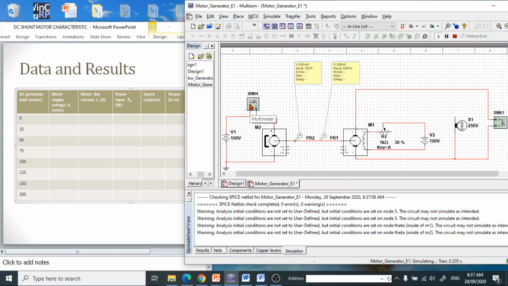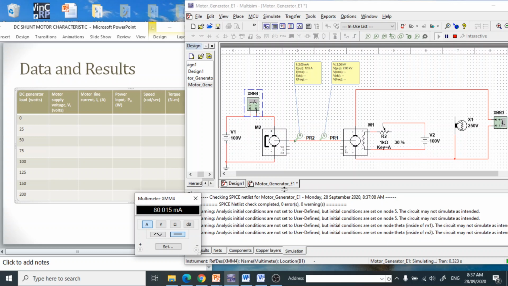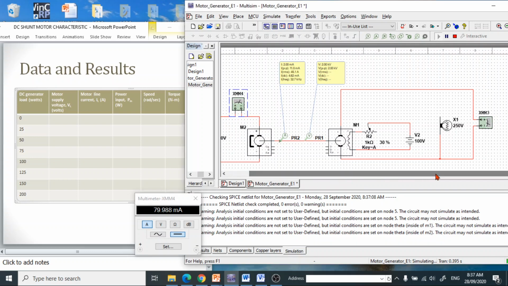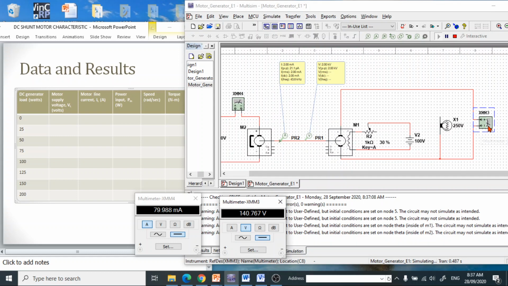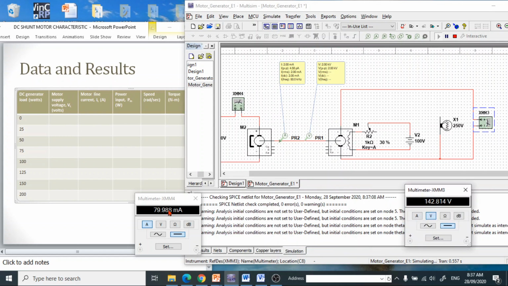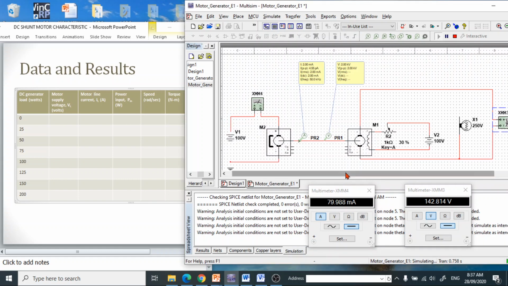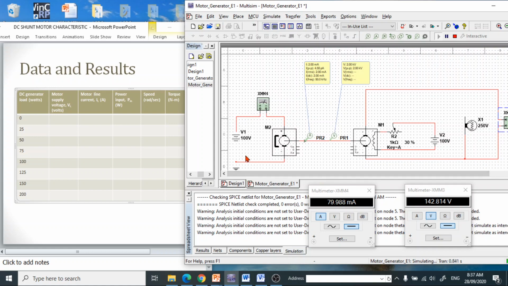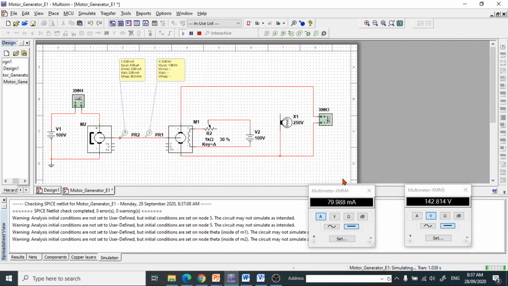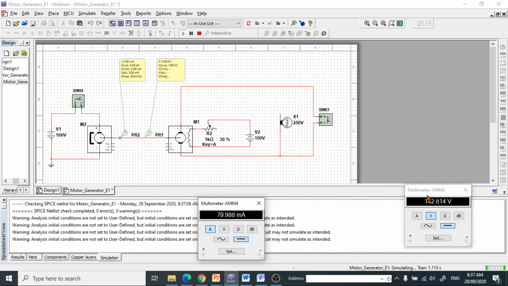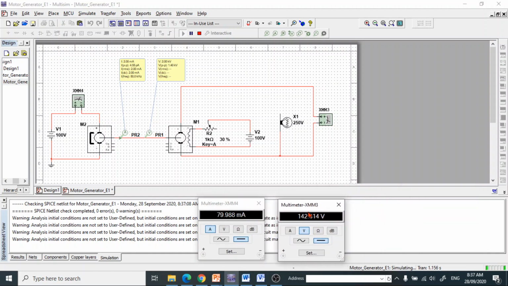Okay, so you notice that when the motor is driving the generator at no load, the terminal voltage is 142.814.